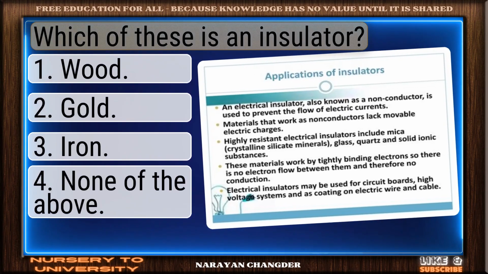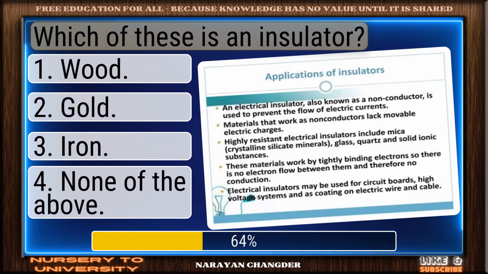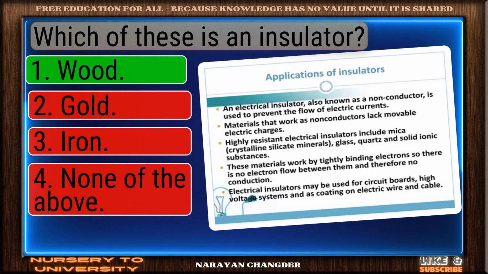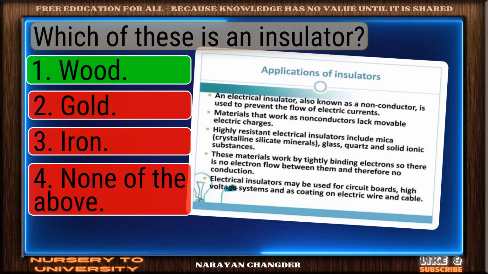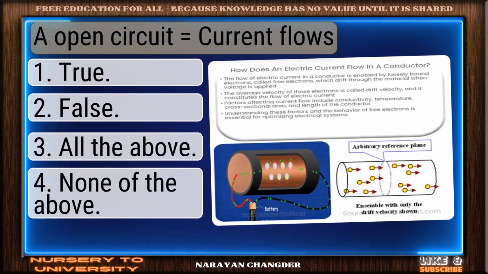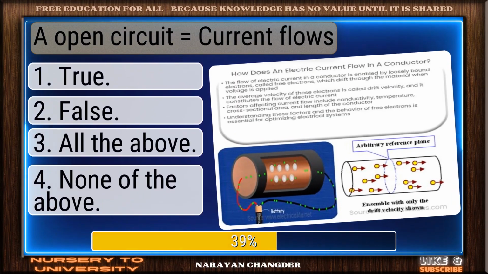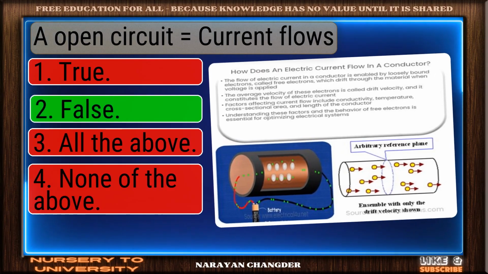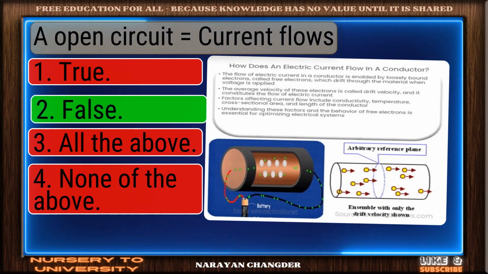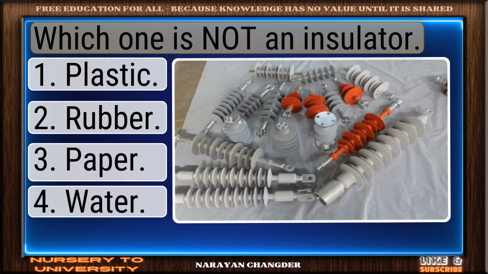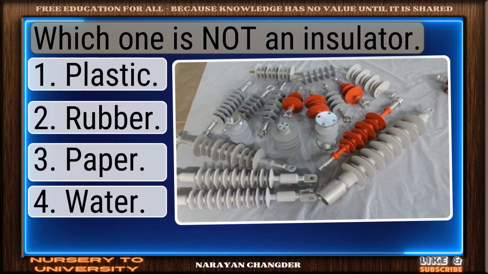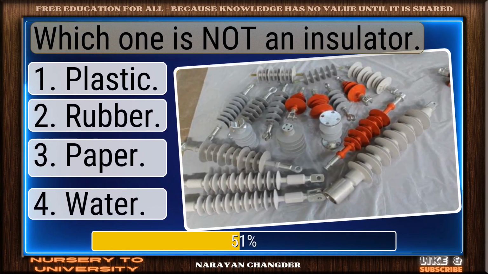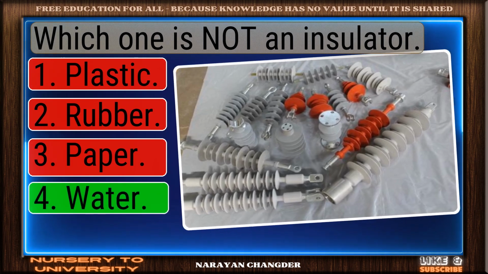Which of these is an insulator? Good thinking. Wood is the right answer. An open circuit equals current flows. Well reasoned. False is the correct choice. Which one is not an insulator? Smart move.